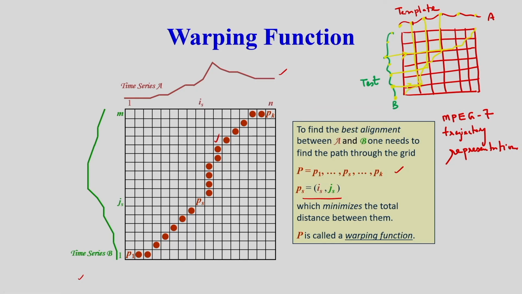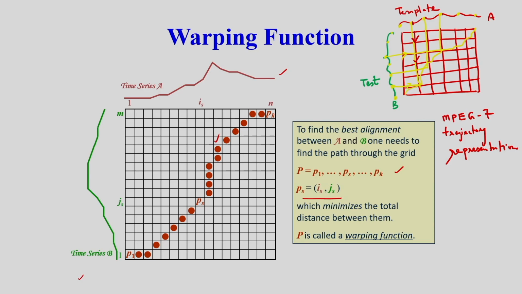And after determining the key points in the test trajectory, I can determine the gesture features. The static features and the dynamic features I can extract from the key points, because from the key points of the template I can find the corresponding key points of the test trajectory.